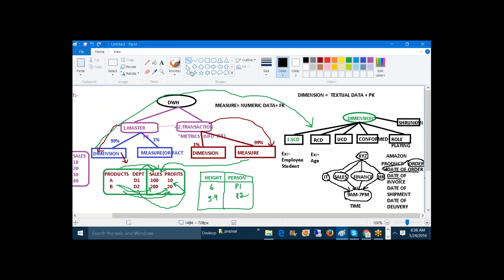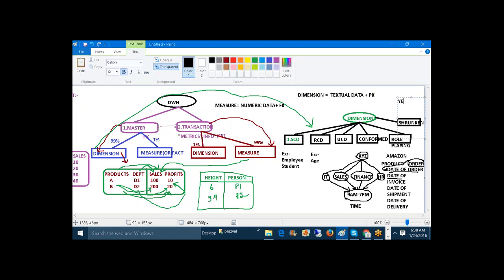Let's say, for example, if you take year, quarter is the subpart, right? The subpart or the subset of one dimension is known as the shrunken dimension.